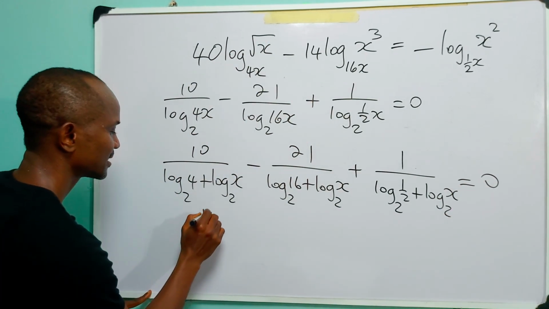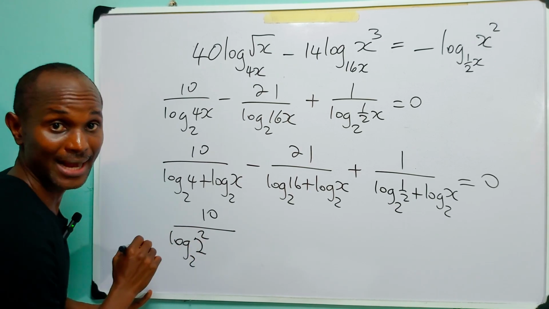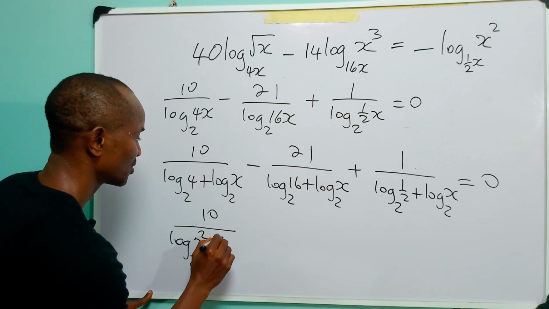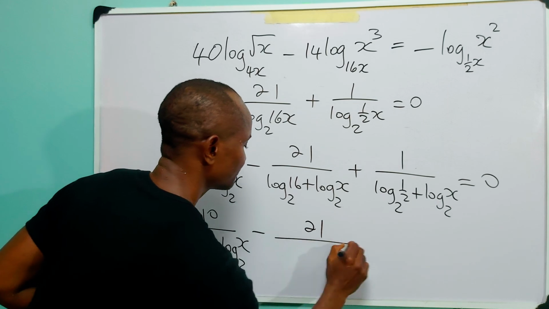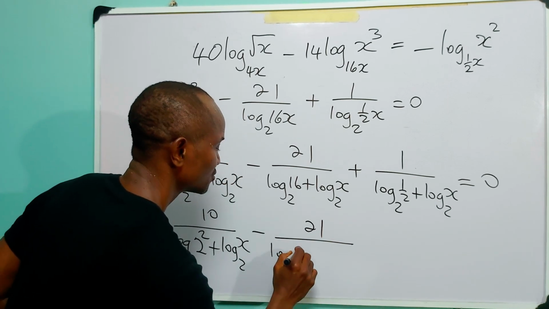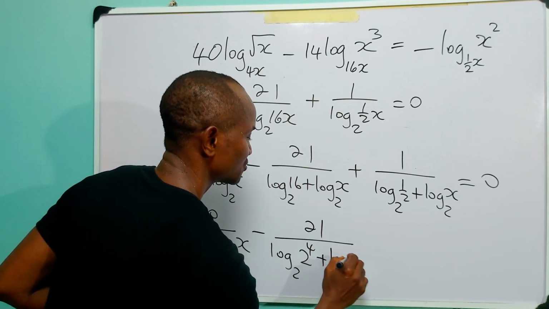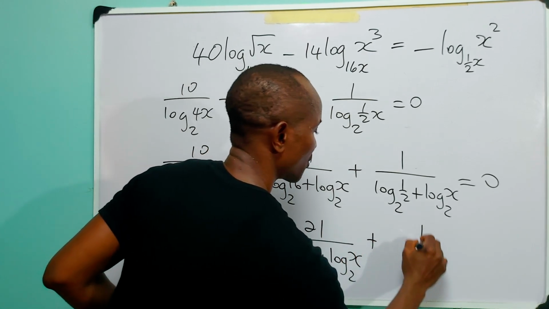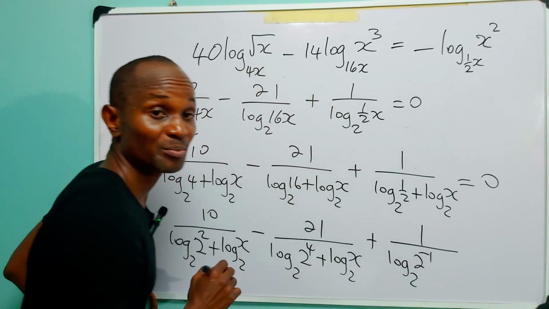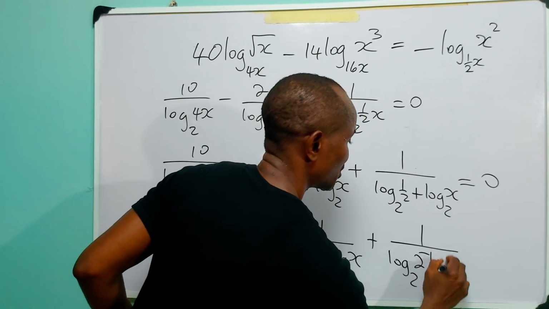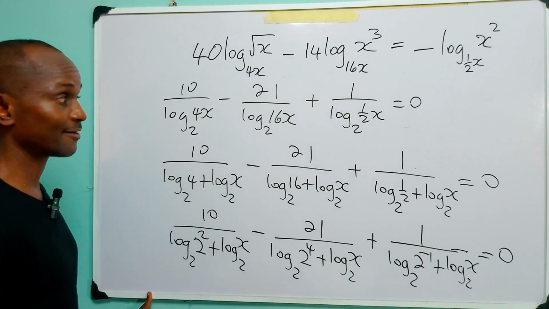Now this can be written as 10 over log to base 2 of 2 squared, because 4 is 2 squared, plus log to base 2 of x, minus 21 over log to base 2 of 2 raised to power 4 plus log to base 2 of x, plus 1 over log to base 2 of 2 raised to power minus 1 plus log to base 2 of x is equal to 0.